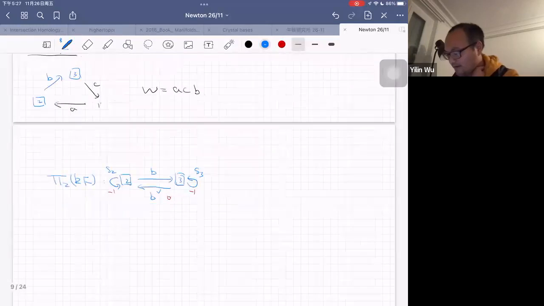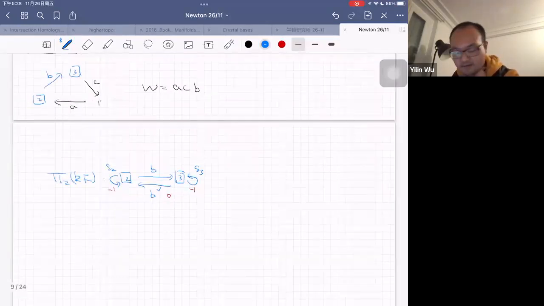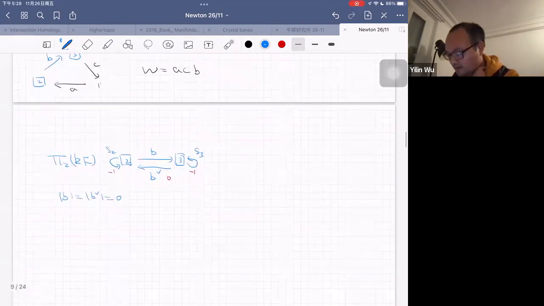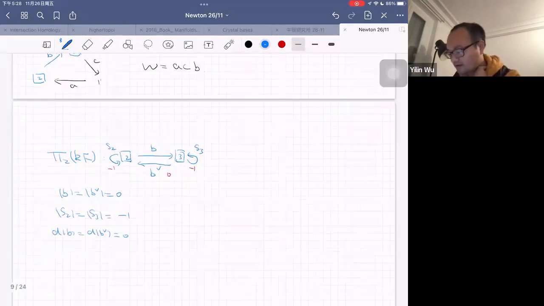And then we define the differential. In this case, b check is degree 0, and the loops are degree -1. For the degree 0 elements, the differential is just 0.